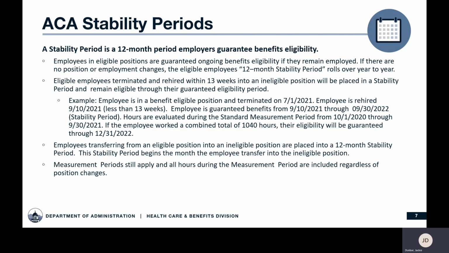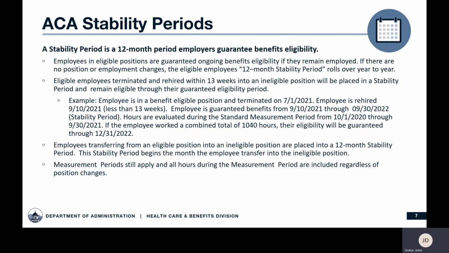Hours are evaluated during the standard measurement period from October 1st, 2020 through September 30th, 2021. If the employee worked a combined total of 1,040 hours, their eligibility will be guaranteed through December 31st, 2022.